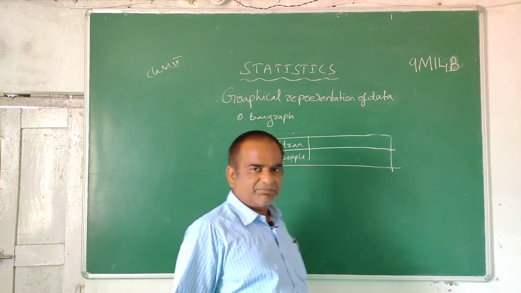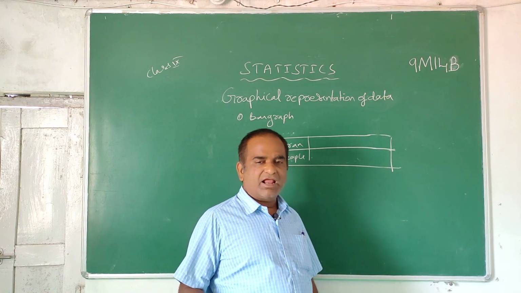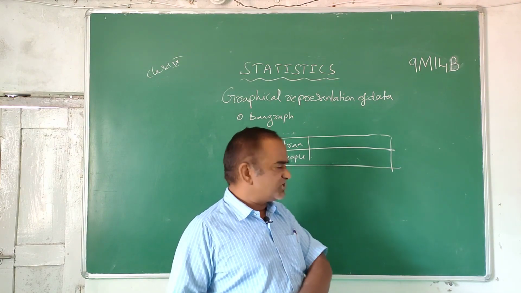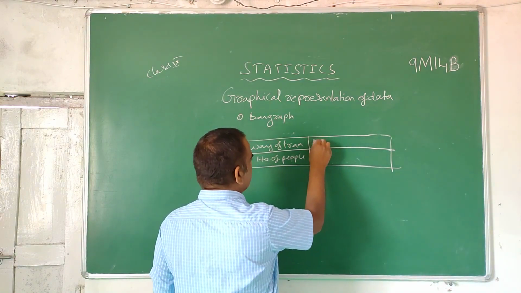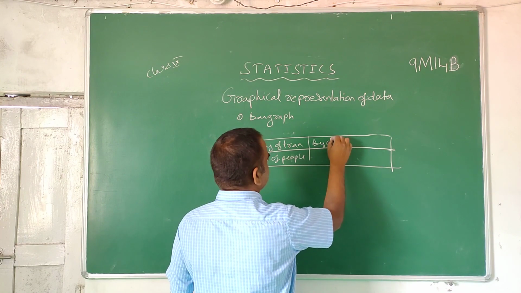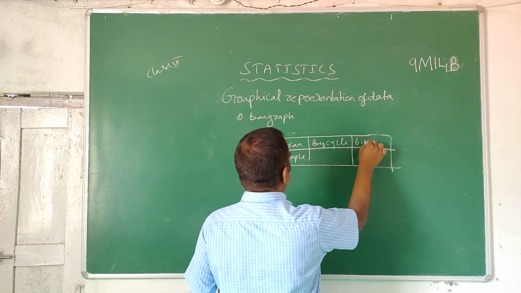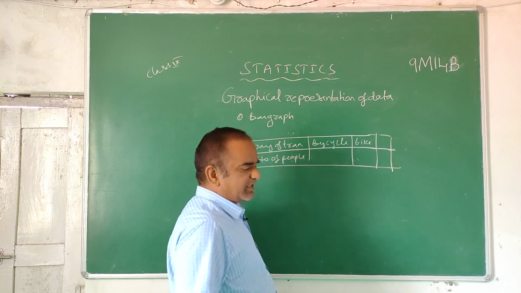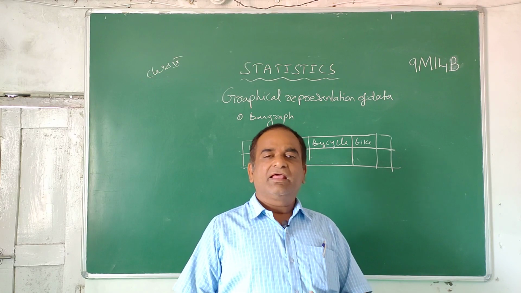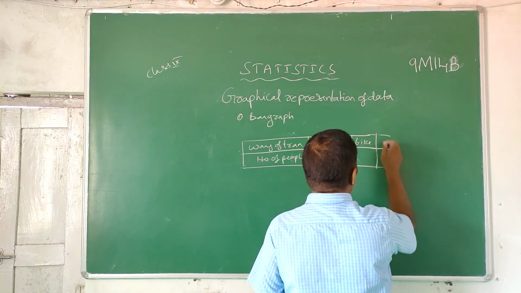Say in a locality, way of transportation and number of people who are using that kind of transportation. So say bicycle, bike, which is a two-wheeler. Bike means not only Pulsar 220, it can be a kinetic Honda also. So bike is a two-wheeler.